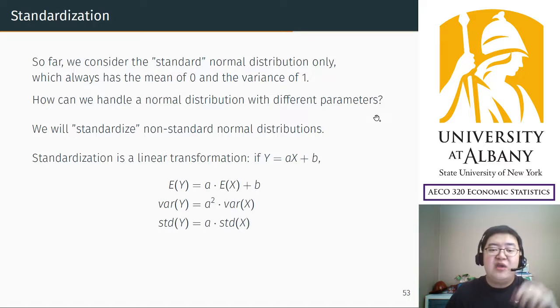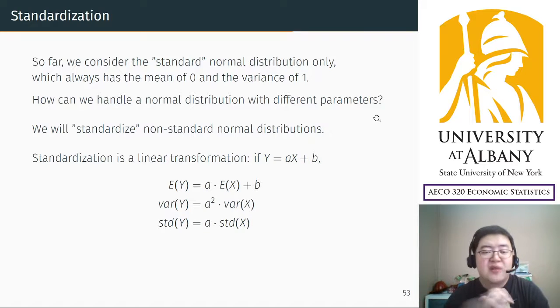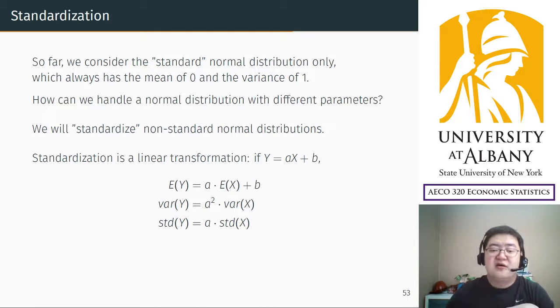In chapter 3 and chapter 4, we learned the linear transformation and its properties. And you may remember these forms. If y is a linear function of x, the expectation of y preserves the linear relationship. Variance of y is multiplied by a squared, but not affected by the additive term.